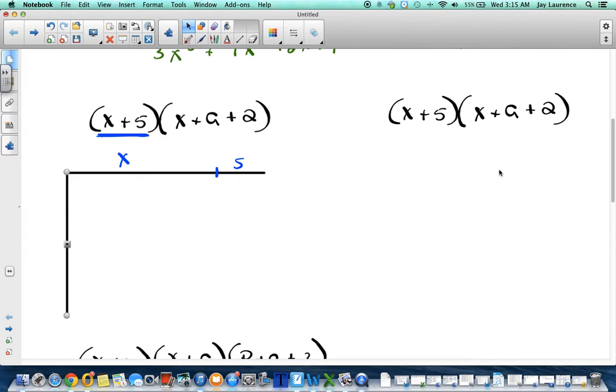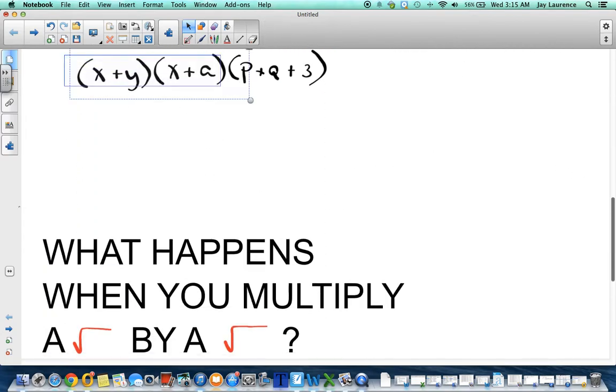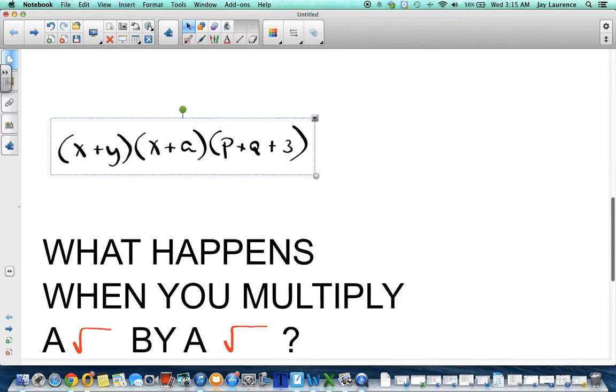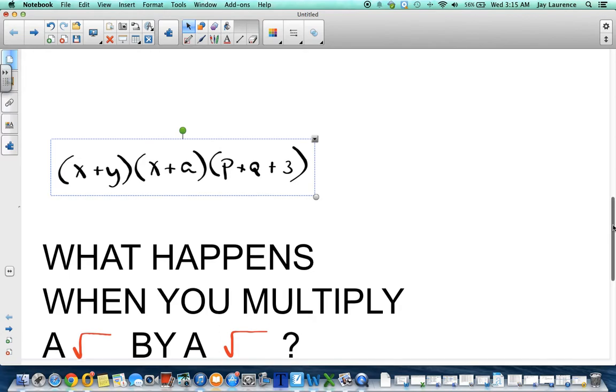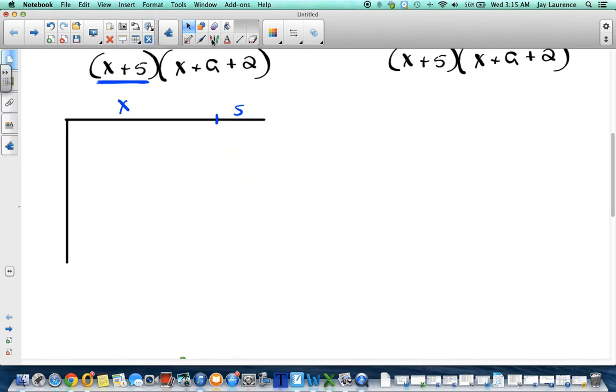Looks like I'm going to run into a problem here. Hold on a second. I'm going to take this and just move it on down a little bit. All right, there we go. Now I need an a, so this is x. Put a little mark.